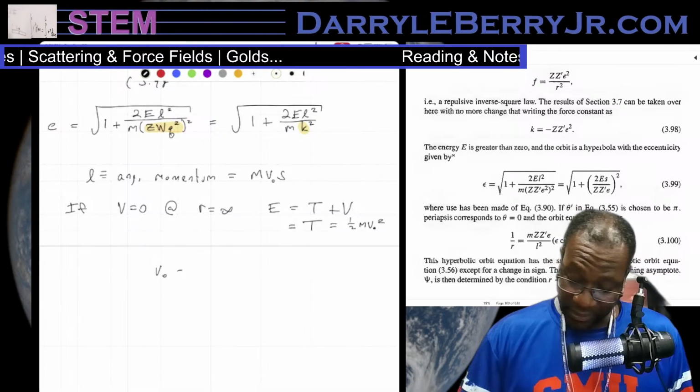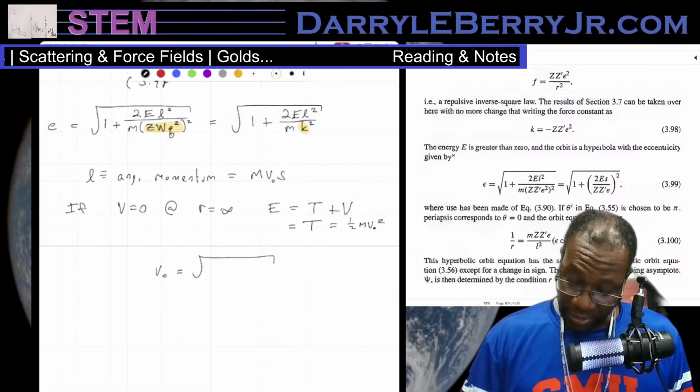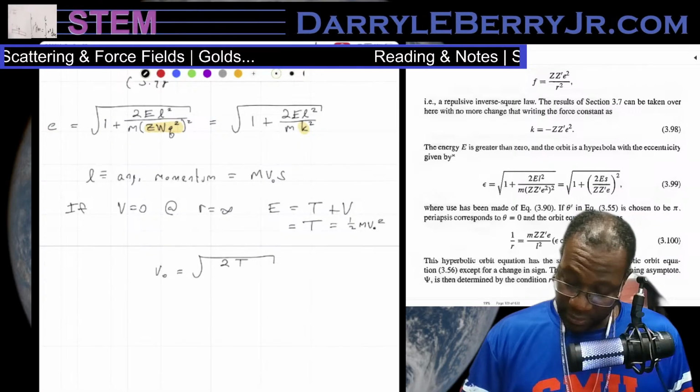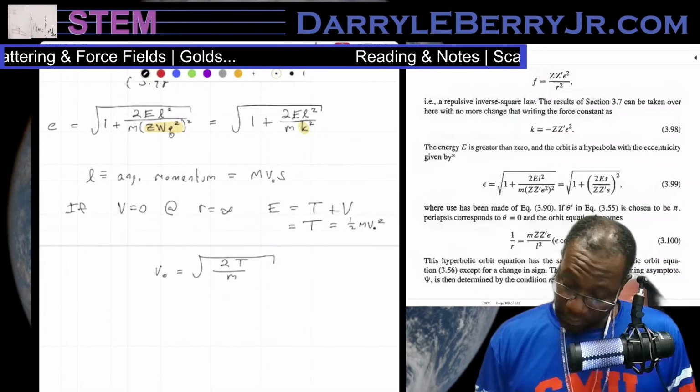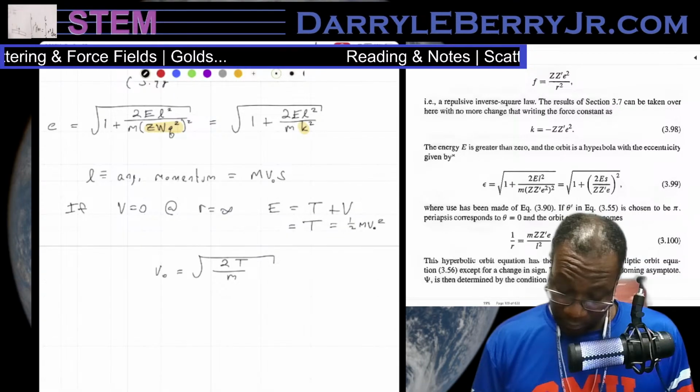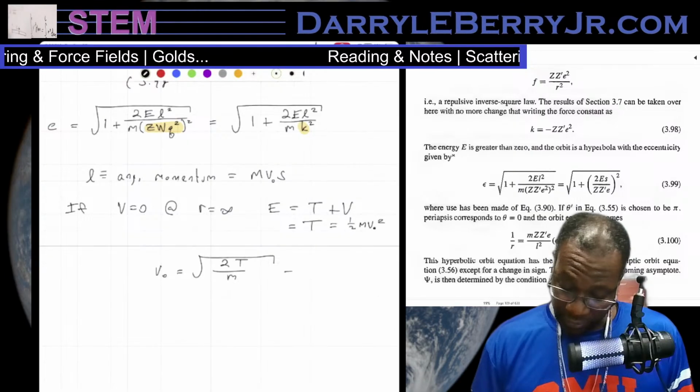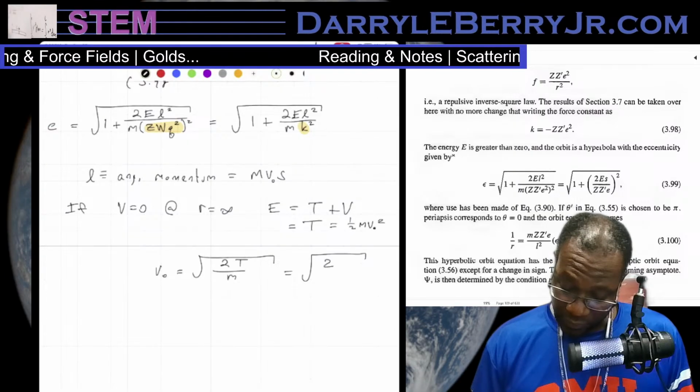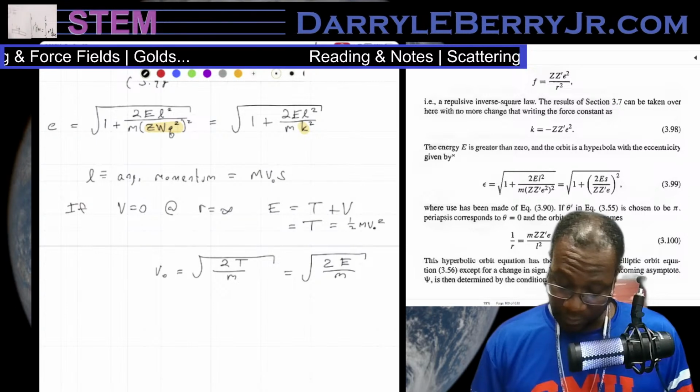Thus we have v naught equals square root of 2T over m, which is square root of 2E over m.